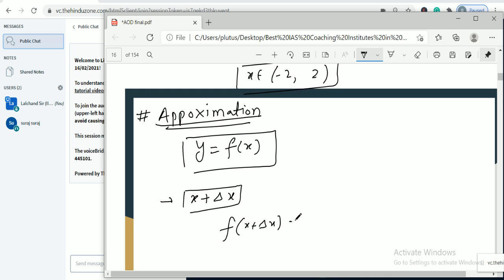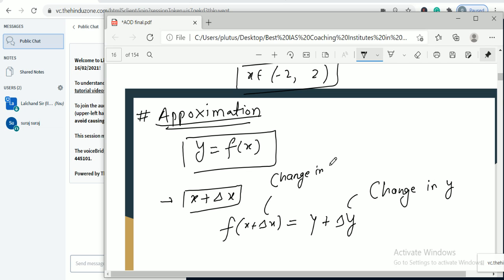Then our y value will also be y plus delta y, some change in y. This is change in y and this is change in x. Sometimes we use this concept to find out the approximate value. So how to find out approximate value of this?